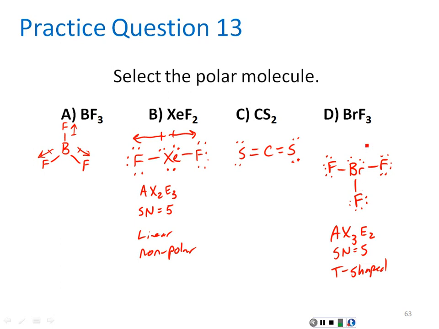And are these bonds polar? Well, fluorine is more electronegative than bromine. So we see that the first two, these upper bonds, would cancel each other out. But we have another bromine-fluorine bond down here, and there's no canceling bond on the other side of the molecule, so that would become the net dipole for this molecule. So this is a polar molecule.